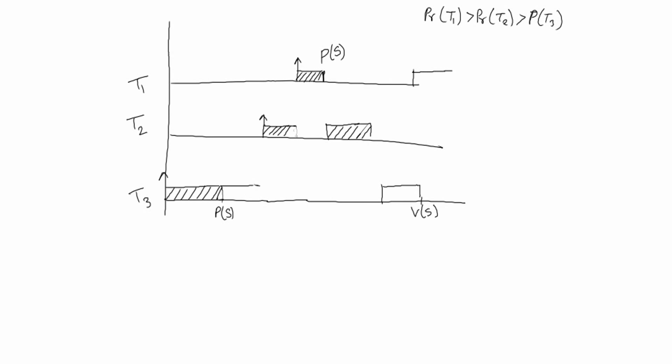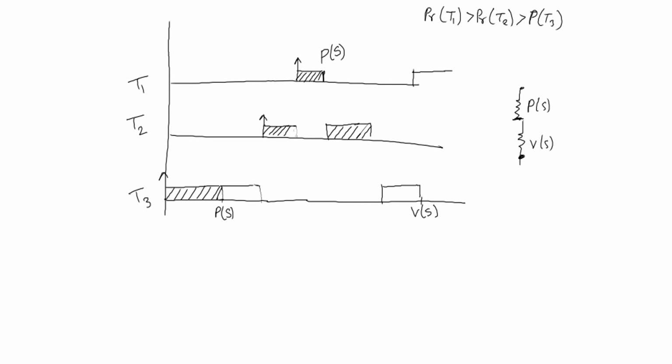Now if you see what is happening in this case, this was the length of the critical section. PS came here at this position and then it was VS, so at this position it was released.